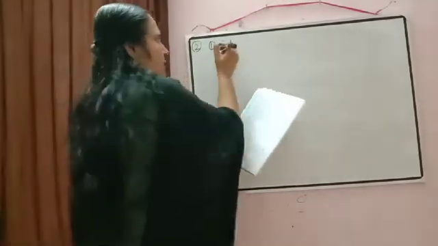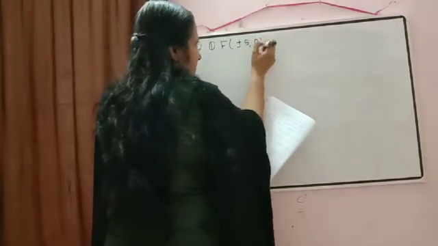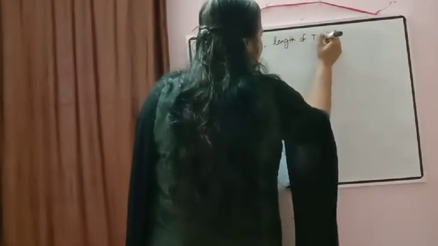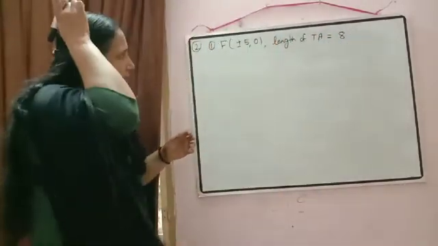So in that, write down the first one: foci plus or minus 5, 0, length of transverse axis, I am writing TA, is equal to 8. These are the two pieces of information given.